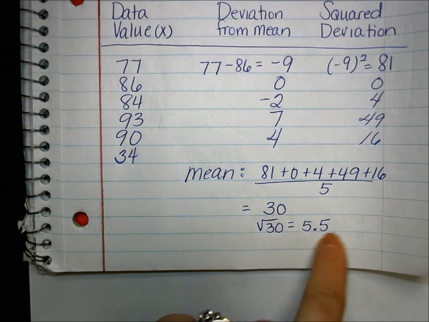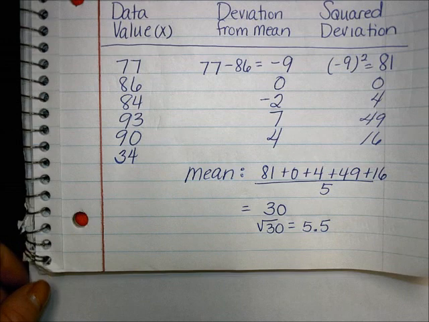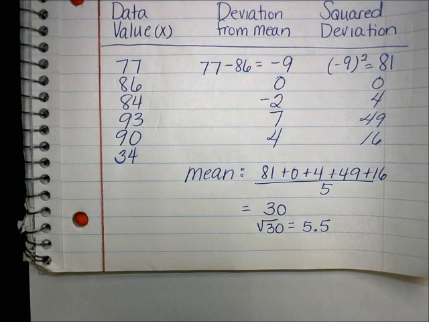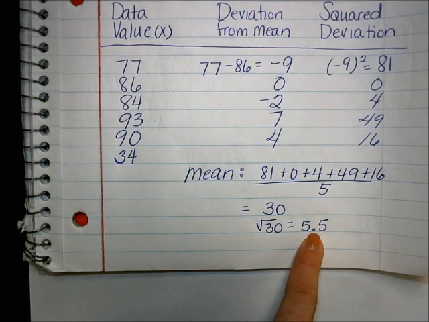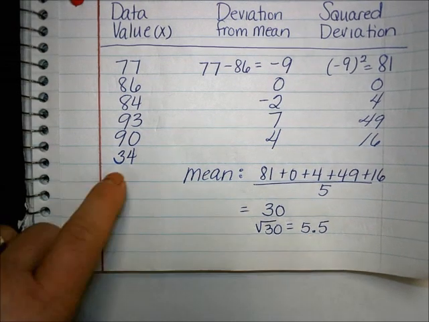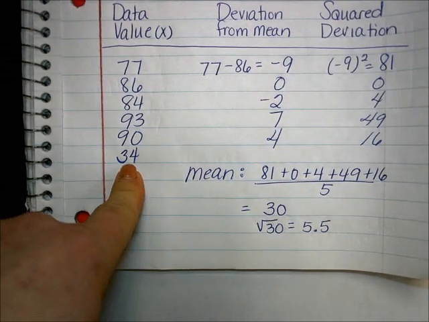Okay? The mean is definitely going to change, right? The mean is not going to be 86 degrees anymore. But the standard deviation is going to change a lot too, because they're way more spread out now because of this outlier.